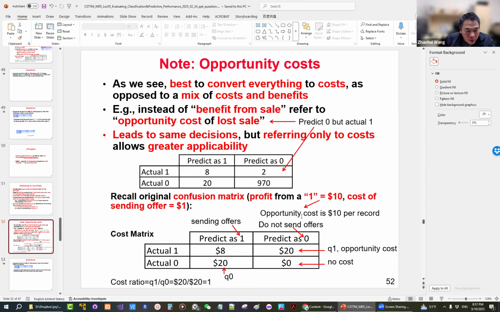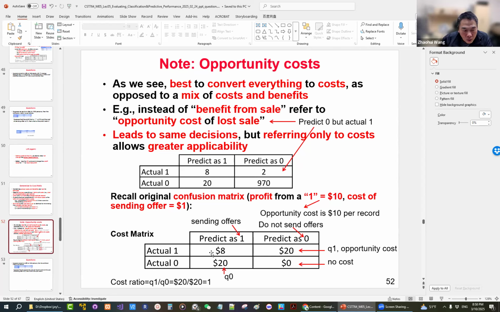Here we have the opportunity cost, $10 for one record. Predicted 1, we send out the offer.